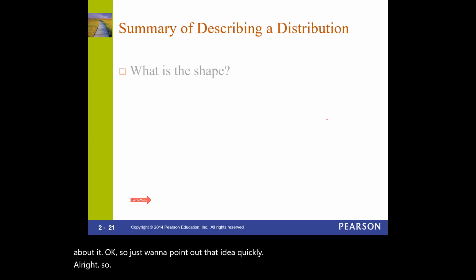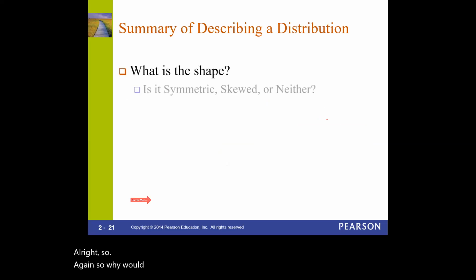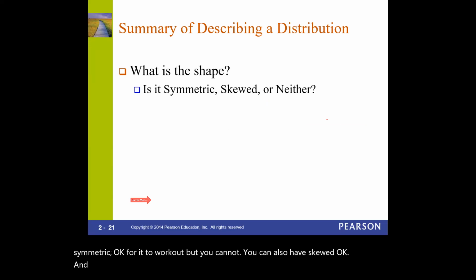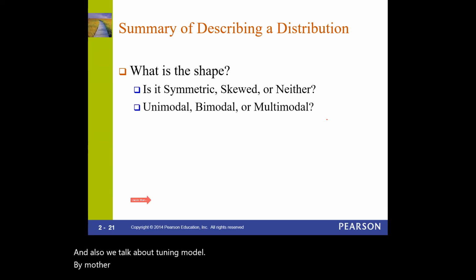Again, what we just talked about is the shape of a distribution. We want it to be symmetric for it to work out, but you can also have skewed. And we also talked about unimodal, bimodal, and multimodal. We spoke about these things. And then normal.